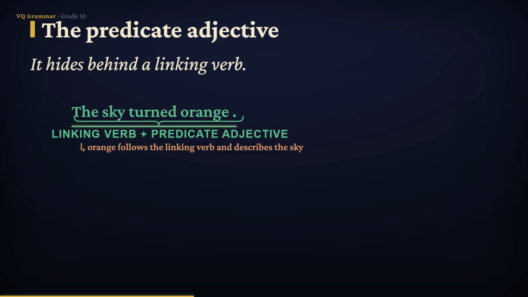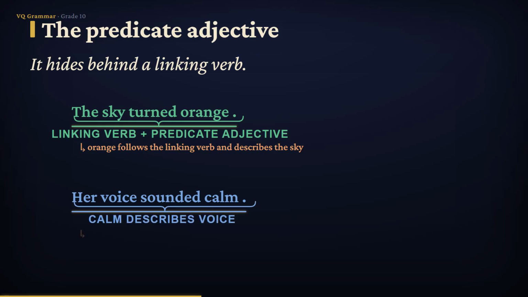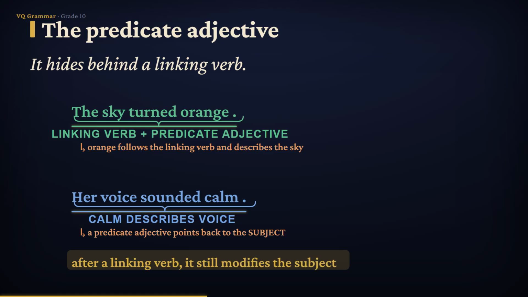Try another. Her voice sounded calm. Calm does not describe sounded. Calm describes voice, the subject sitting at the front of the sentence. So remember, after a linking verb, the adjective still modifies the subject. It has simply moved to the other side of the verb.